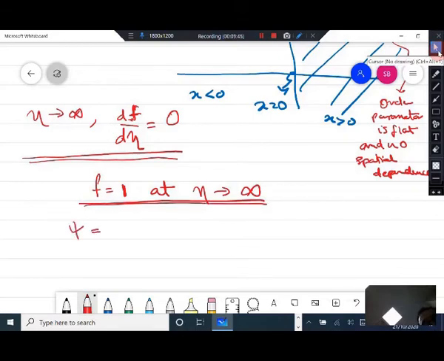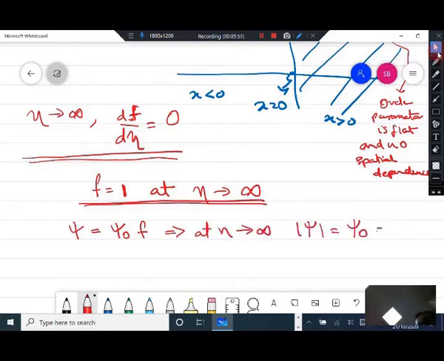That means psi is equal to psi naught into f implies that at eta tending to infinity, psi is equal to psi naught, which is square root of minus alpha by beta. Alpha is anyway a into T minus Tc. So for T less than Tc, this minus alpha will make it Tc minus T.